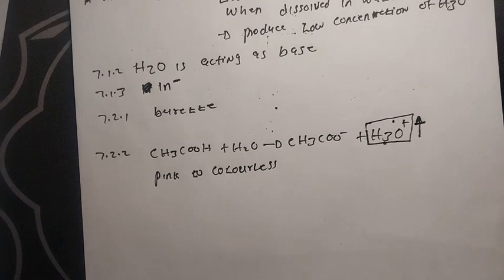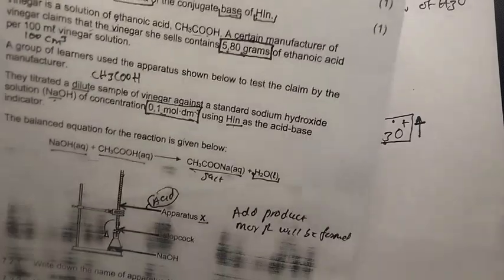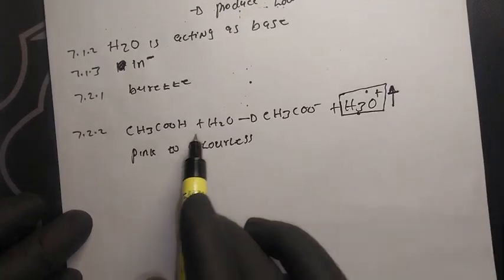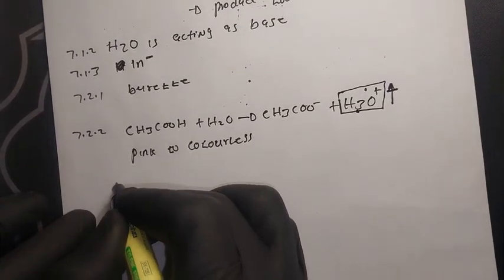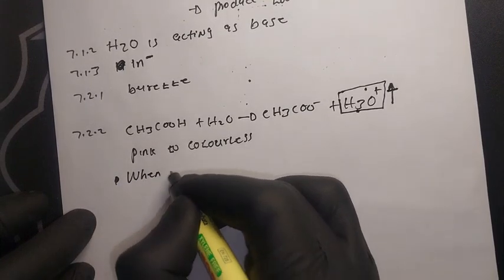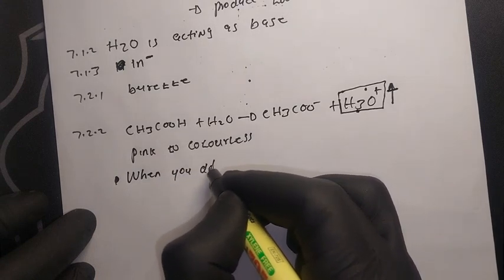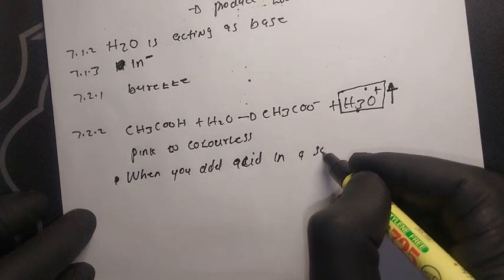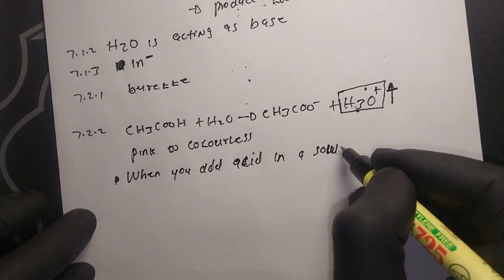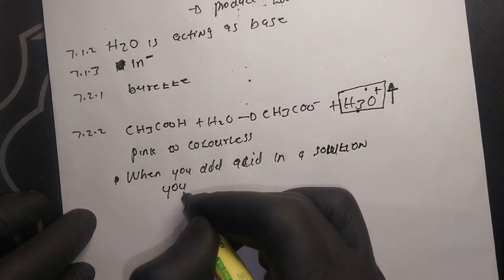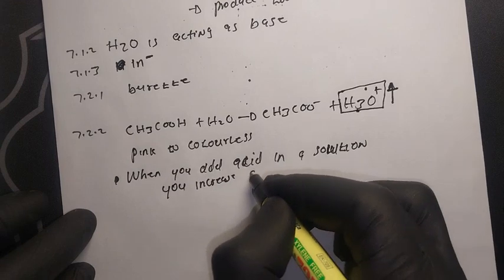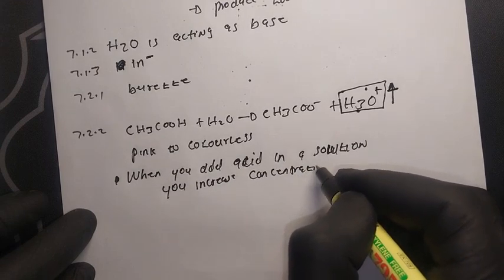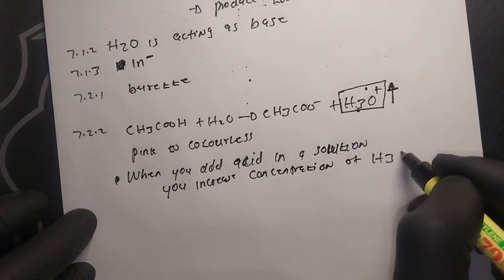Okay, so now to explain this, because they said to use Le Chatelier's principle, as I've drawn this equation over here. When you add acid in a solution, you increase the concentration of H3O plus.